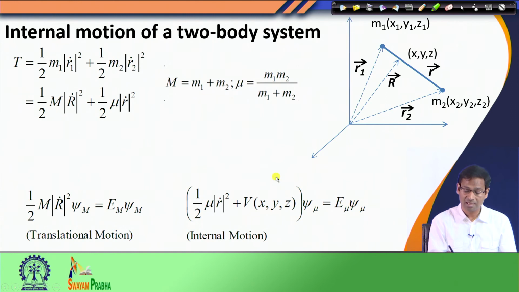In that case, the potential term can be incorporated into the Hamiltonian, like you have kinetic energy and potential energy, and overall I can solve the Schrodinger equation. Translational motion and the internal motion can be solved separately. I need not worry about the translational motion, because if you look carefully, this resembles the particle in a box type of problem, so I know its solution. So, I would be more interested in solving the problem like this.